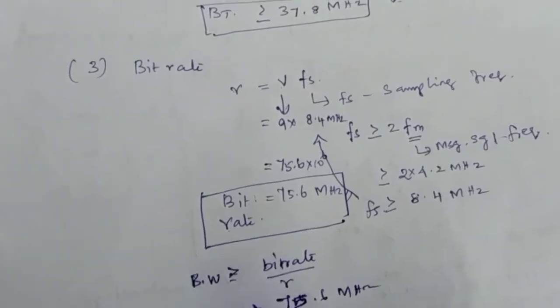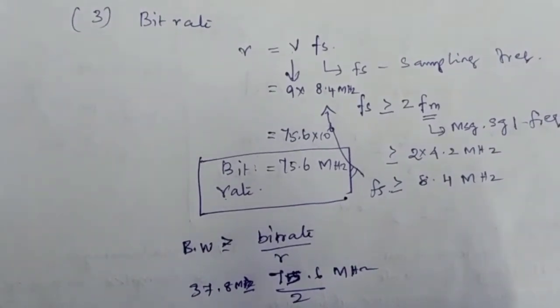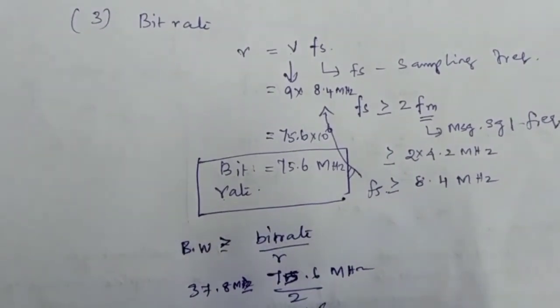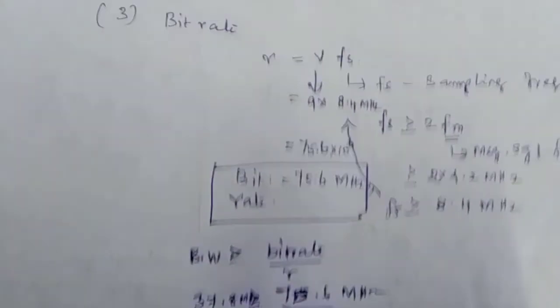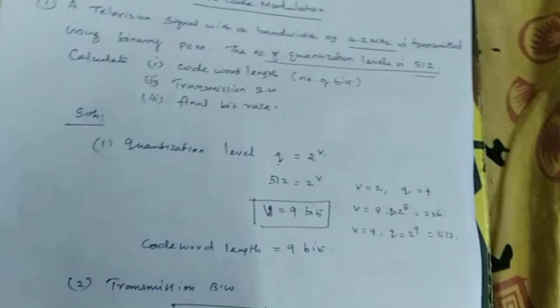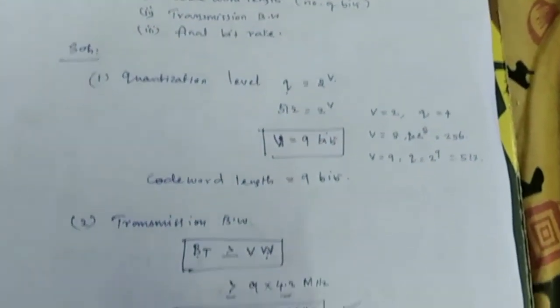So 75.6 megahertz divided by 2 is equal to 37.8 megahertz. So these are the formulas used to calculate the three parameters: code word length, transmission bandwidth, and bit rate.